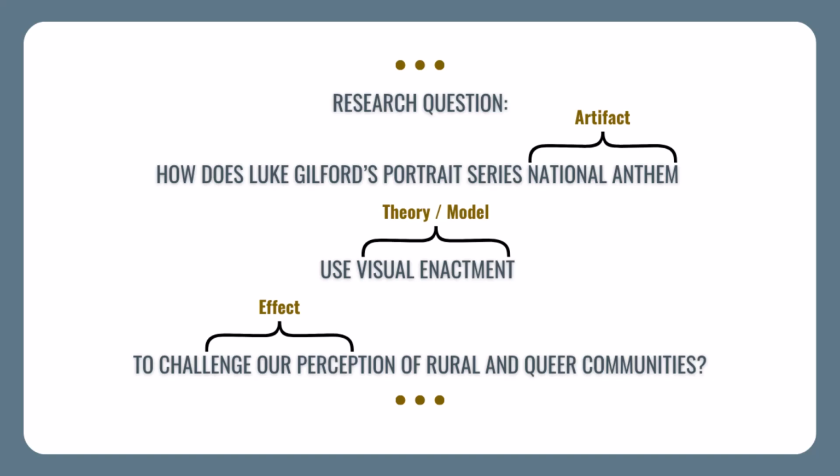A research question guides the analysis and tells the audience what you are trying to discover. A simple formula is: how does this artifact use this rhetorical strategy to produce this effect? For example, how does Luke Guilford's portrait series, National Anthem, use visual enactment to challenge our perception of rural and queer communities?